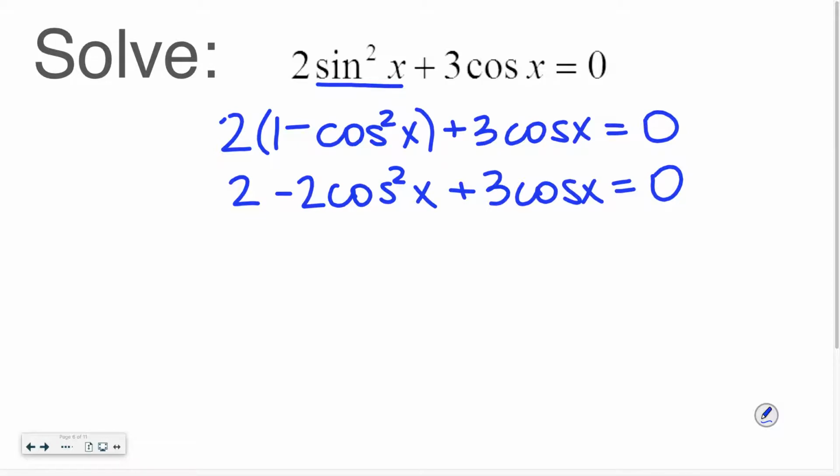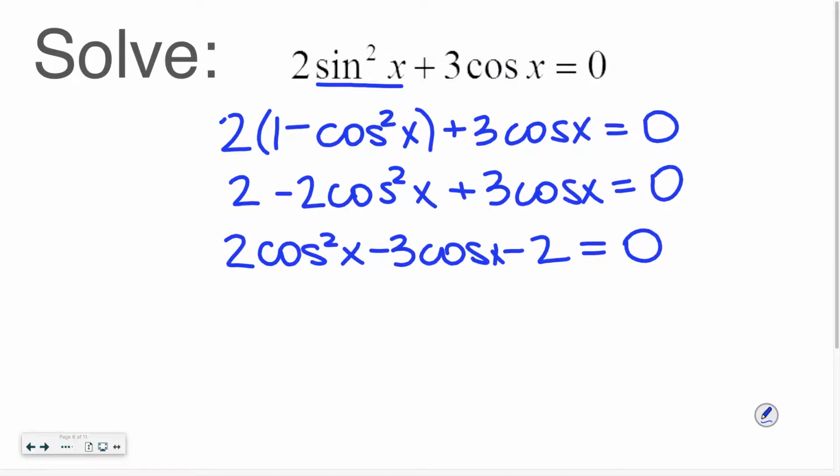So I'm going to reorder this and multiply everything by negative 1, both sides. Are we allowed to multiply both sides by negative 1? Yes, we are. So I'm going to rewrite this as 2 cosine squared minus 3 cosine minus 2 equals 0. Equals negative 0. Yes.